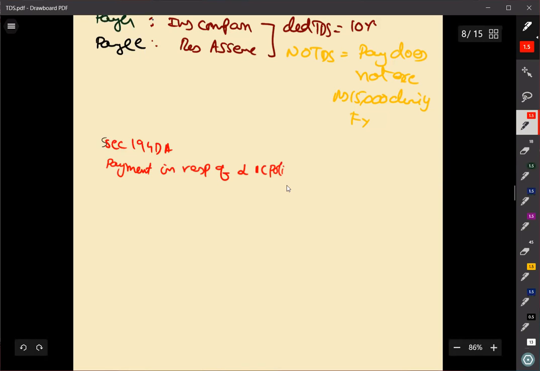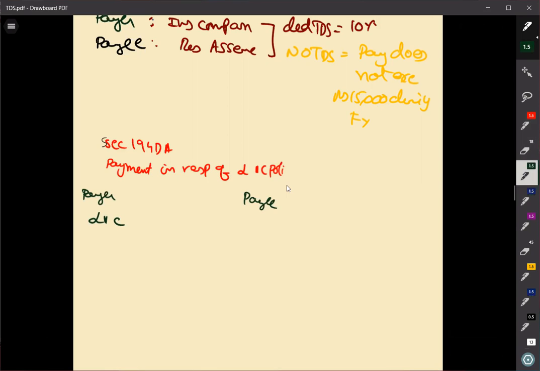As every section will be having a payer and a payee, for this section, who is the payer? Life insurance company is the payer. Any life insurance company will become the payer. And who is the payee? The payee for this purpose is nothing but a resident policy holder.